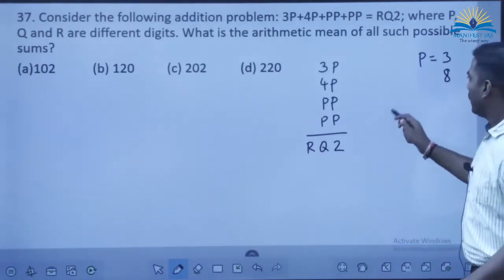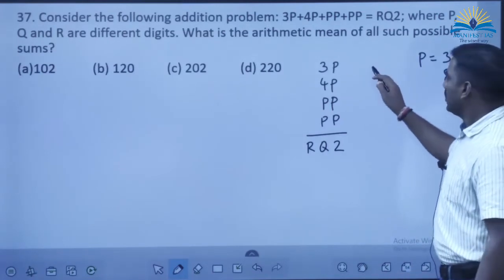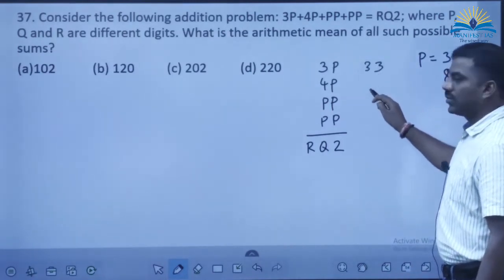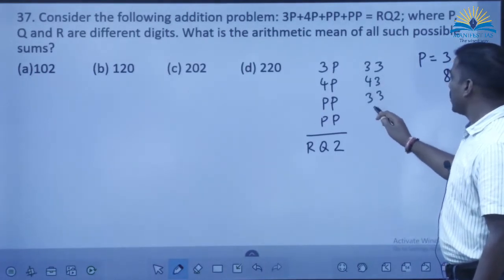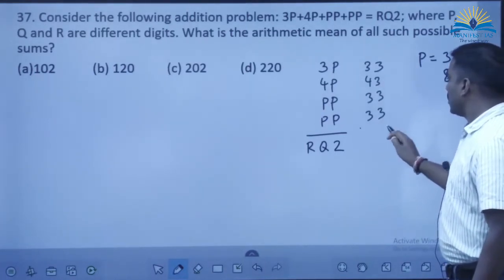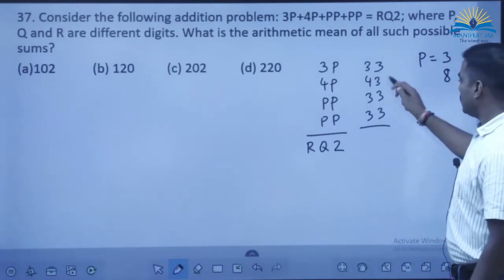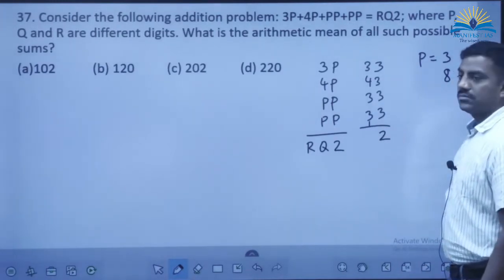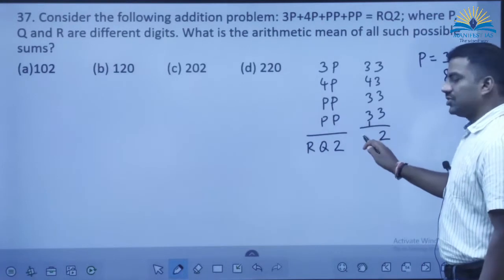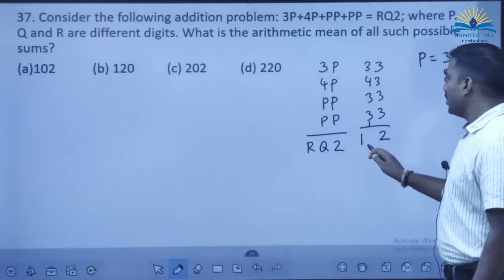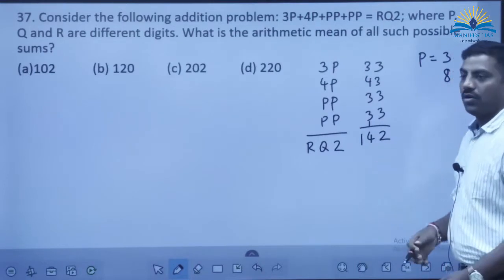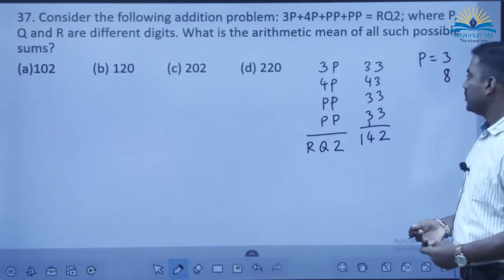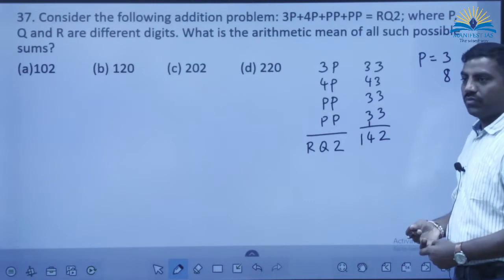Okay. So check. First check for 3. 33, 43, 33, 33. Look at the sum. 12. Then how much? 1. 142. Will it satisfy?